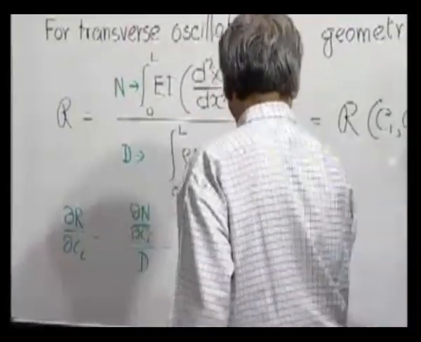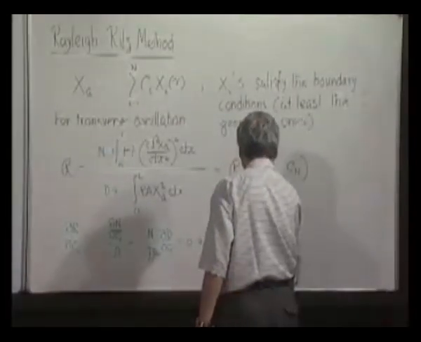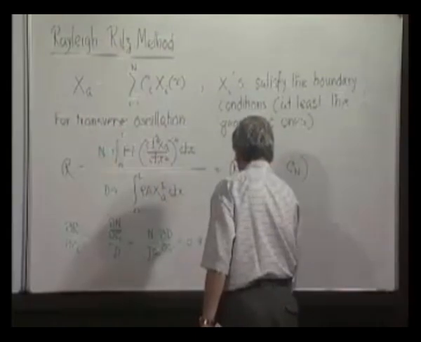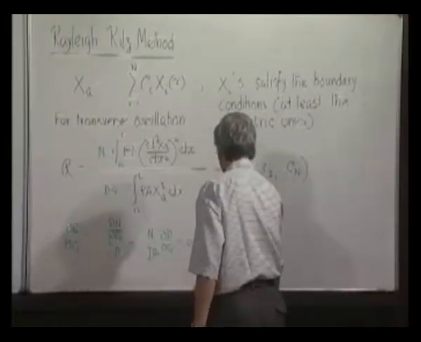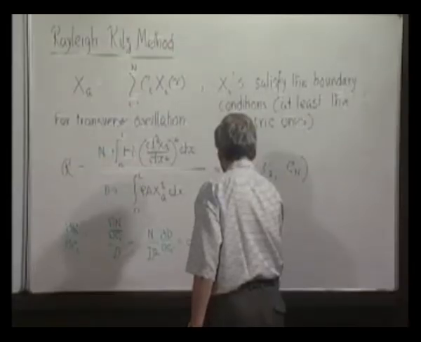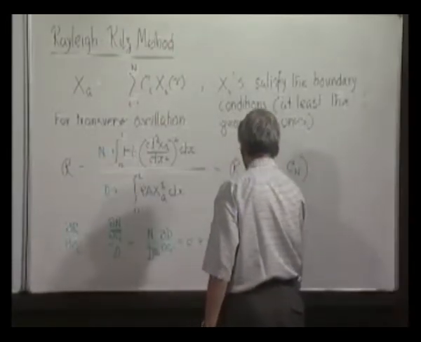So what we can do, this gives us, below there will be D square, so there will be D dN dCi minus N dD dCi.